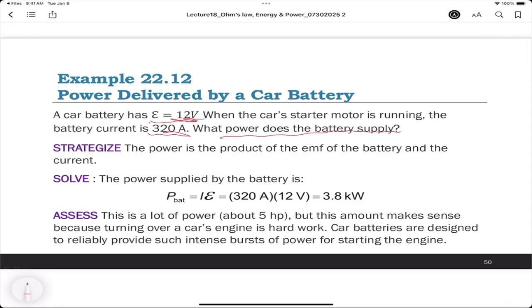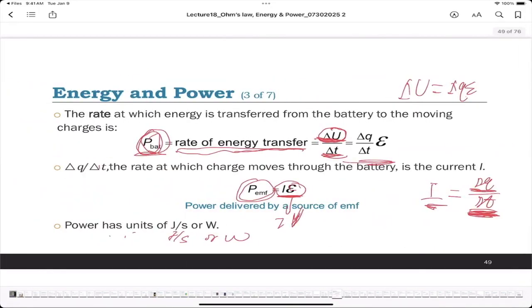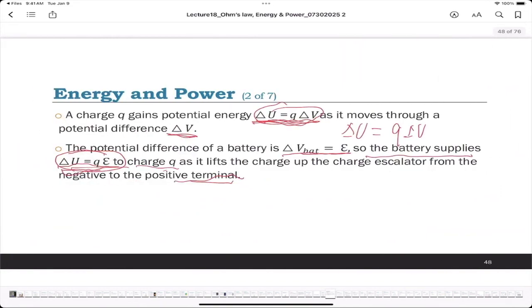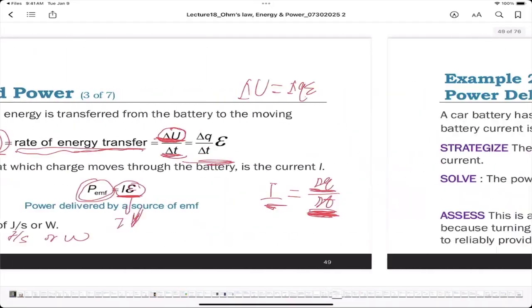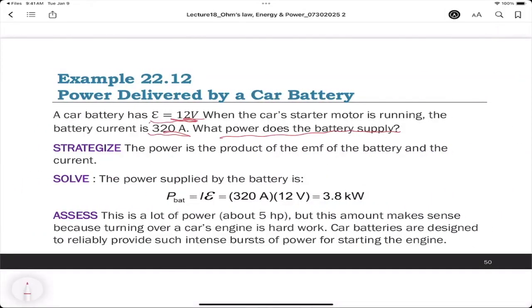We can use this equation: the power equals the current multiplied by the potential difference of the battery, which we call the EMF. So the power is the product of the battery EMF and the current. The current is 320 amperes and the EMF is 12 volts. So this is the power supplied by the battery.